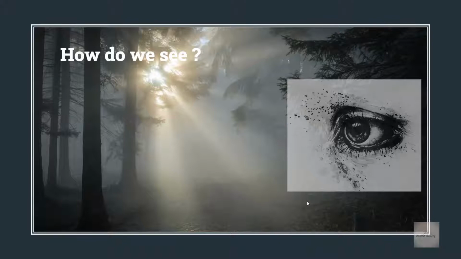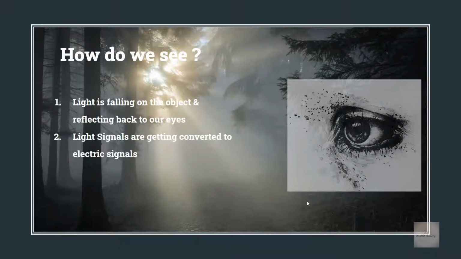Beautiful, right? As you can observe, we have three events taking place. The first event is light falling on the object and reflecting back to our eyes. In the second event, the light signals are converted into electrical signals. In the third event, the electrical signals are processed in the brain.